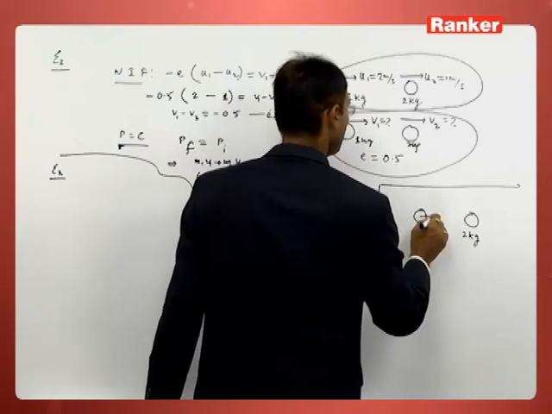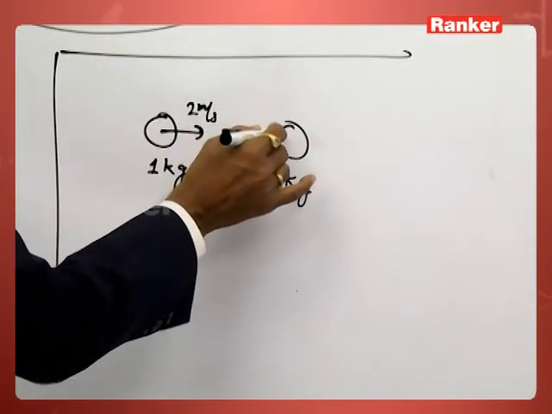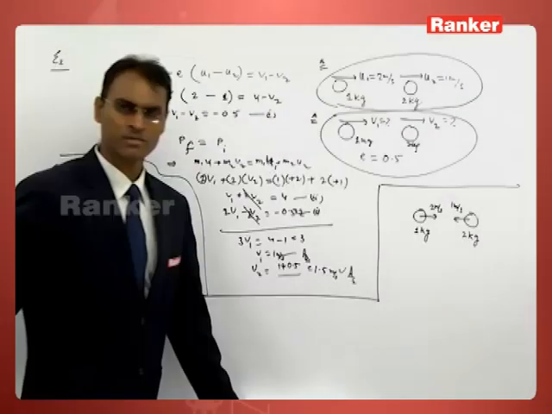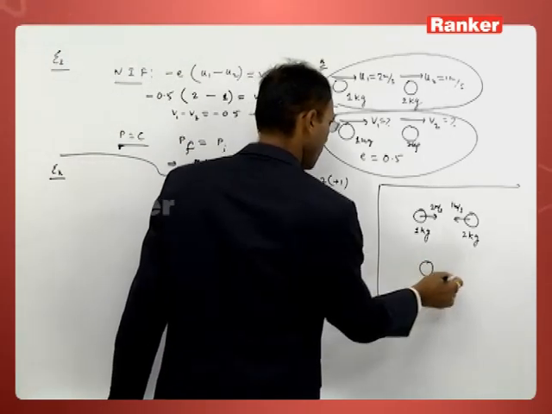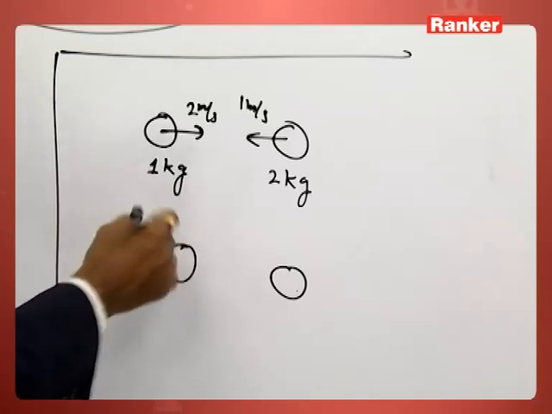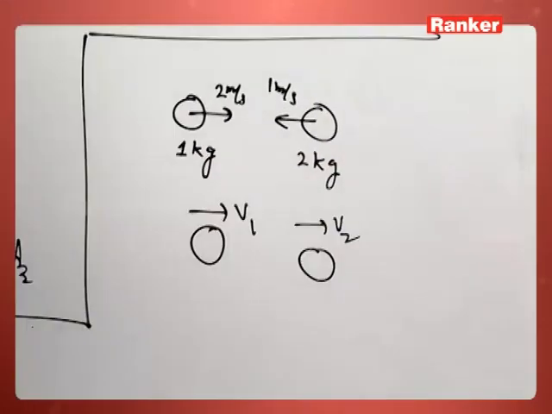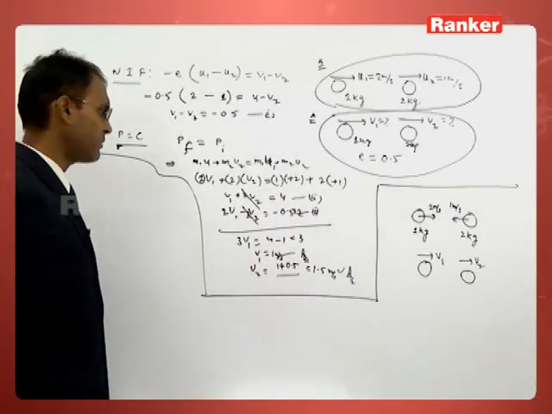This is moving in positive x direction with 2 meter per second, and this is moving in negative x direction with 1 meter per second. What are their final velocities just after the collision? Let us assume that they are moving in positive x direction with velocities v1 and v2 respectively.